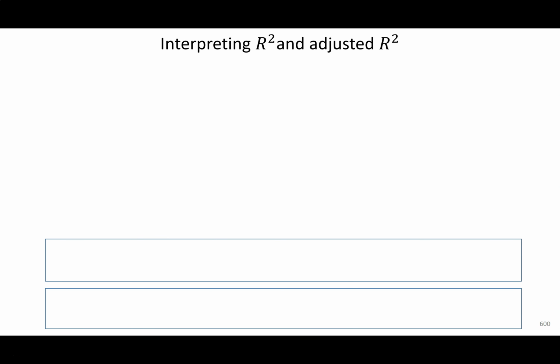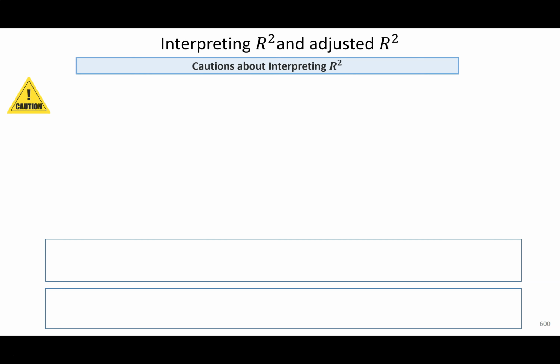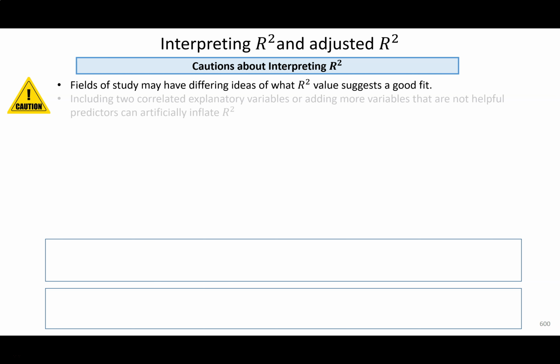So looking at interpreting R-squared and adjusted R-squared, I hinted at this in the last slide. So, cautions about interpreting R-squared. It depends on what field you're in, how comfortable people are looking at R-squared versus the adjusted R-squared. Because the R-squared doesn't account for how many variables you include, the adjusted R-squared does.